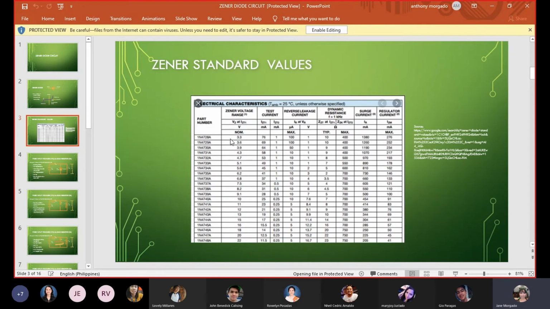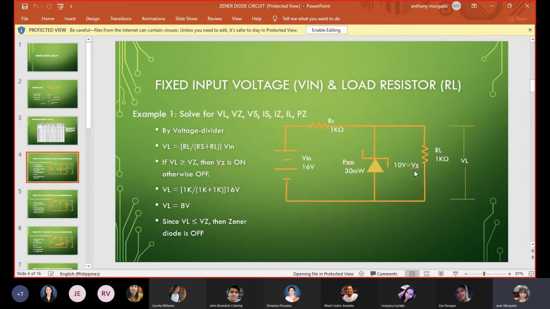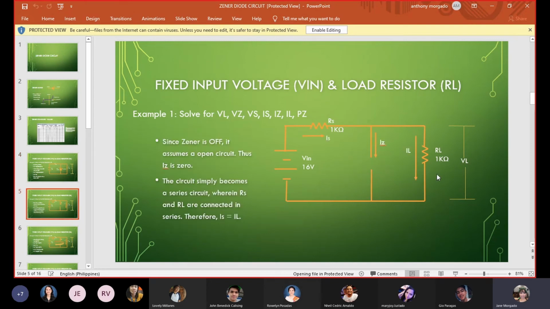Zener voltage with 3.3 volts. Given na yan. So for example number 1, since the voltage across RL is less than the 10 volts VZ, off si Zener.